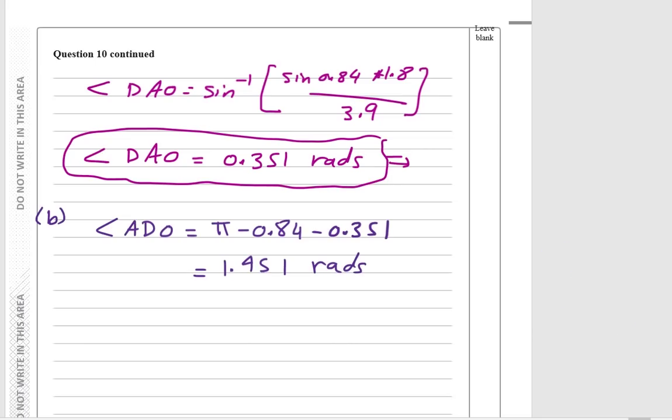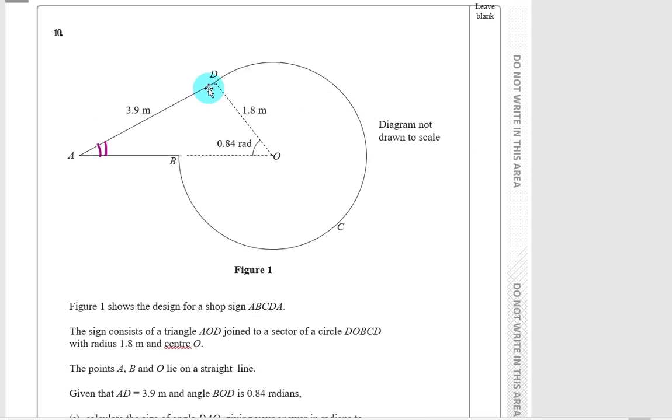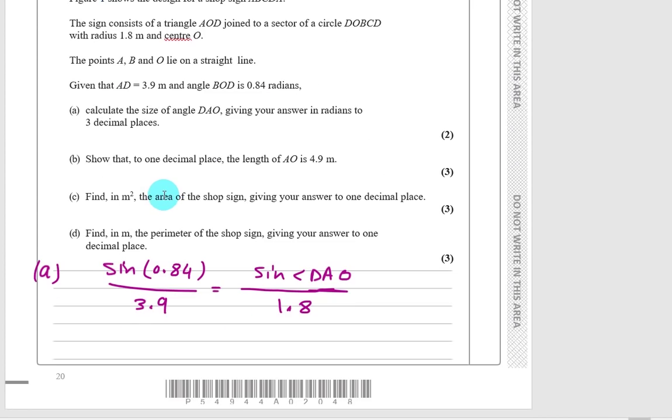So now again sine rule. We find this angle now. So sine ADO divided by AO is equal to sine 0.84 divided by 3.9.